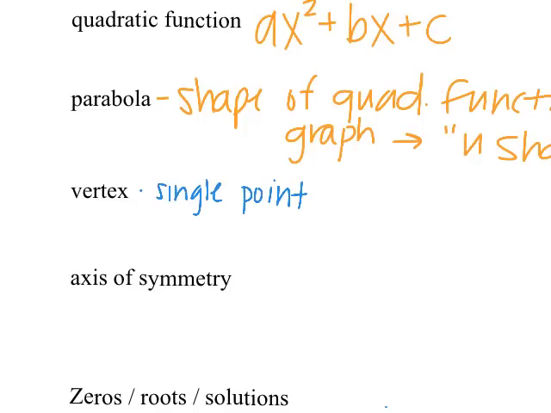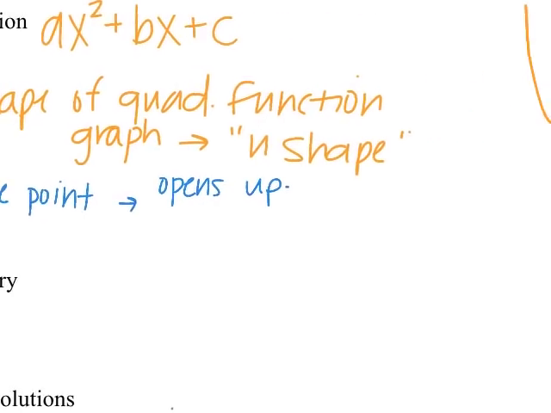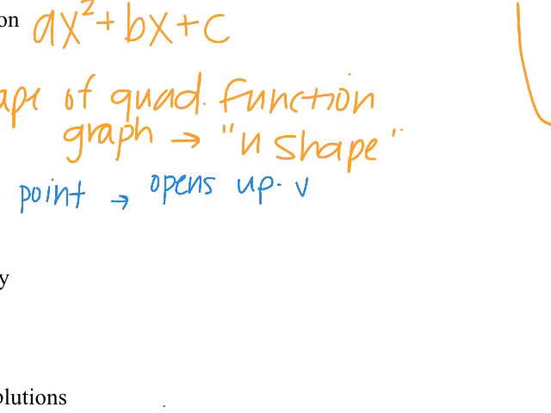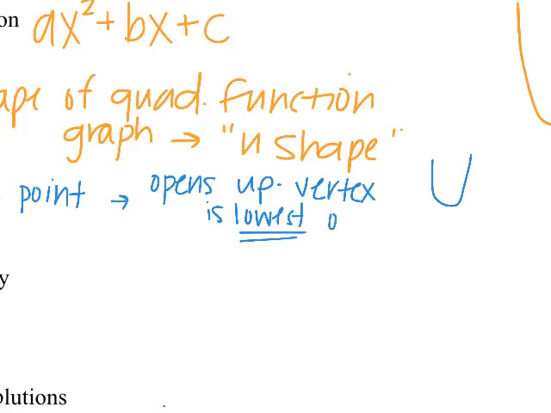And it is going to be, so if the graph opens up, if you think about the graph opening upwards, so it would look like this, the vertex is the lowest point on the graph.